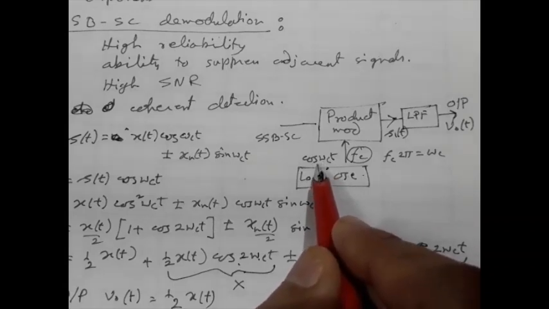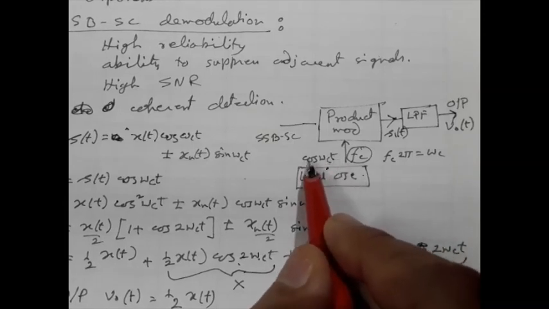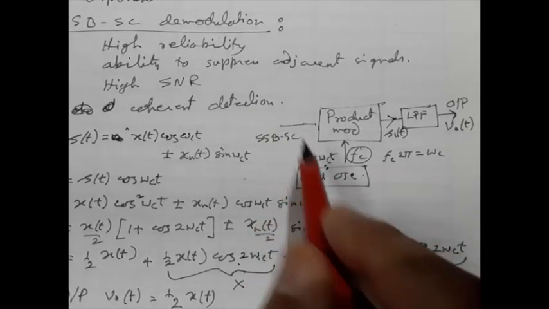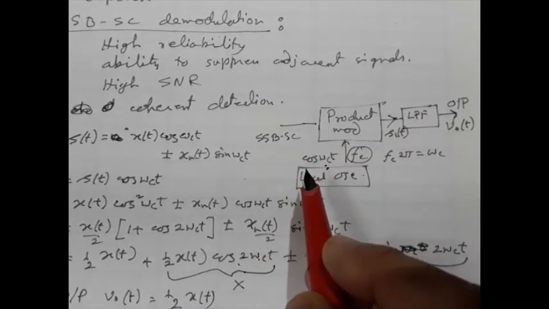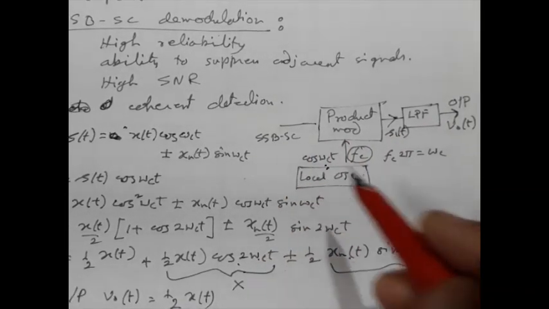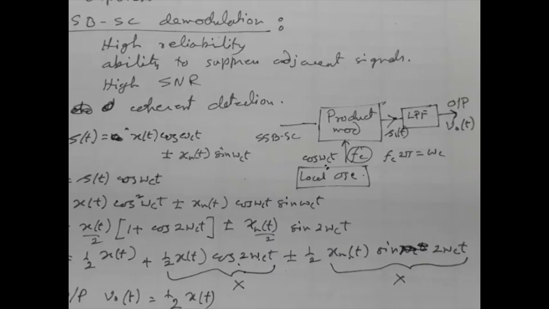So if there is the smallest possible change in frequency or phase, the signal recovered from SSB-SC would be full of distortion. That's the problem of SSB-SC.